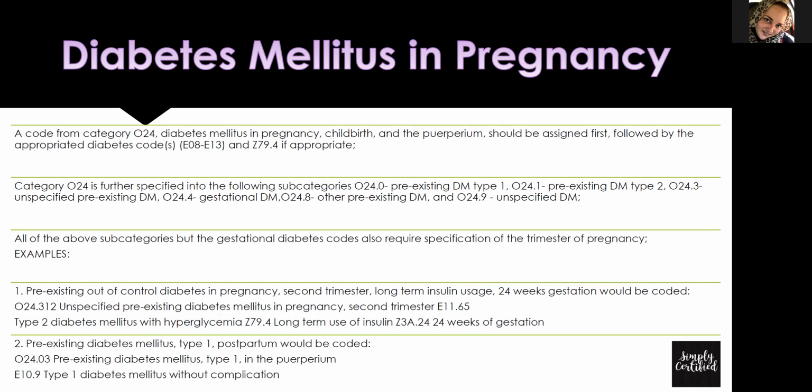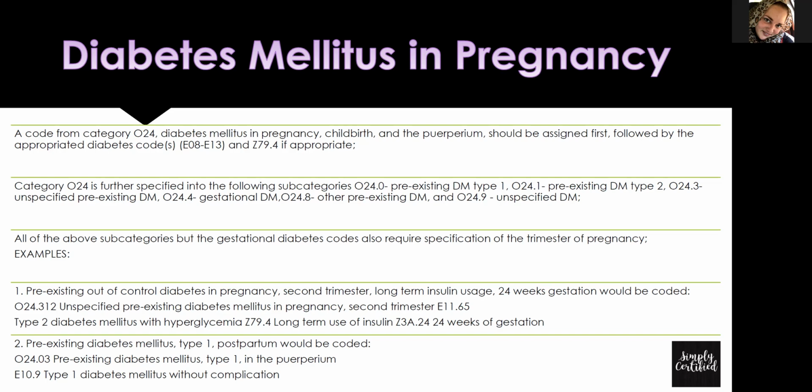Or maybe it's unspecified. The provider didn't really specify. They just said the patient already had pre-existing diabetes. They're 24 weeks pregnant. So you would use O24.3. And then, of course, we just talked about O24.4, which is the gestational diabetes, not the pre-existing.